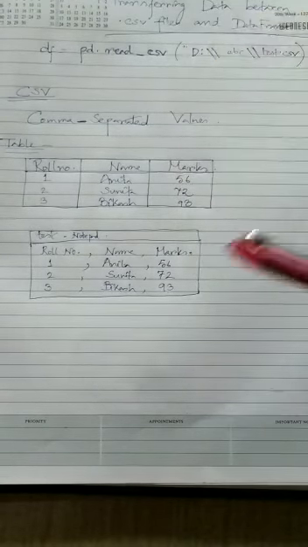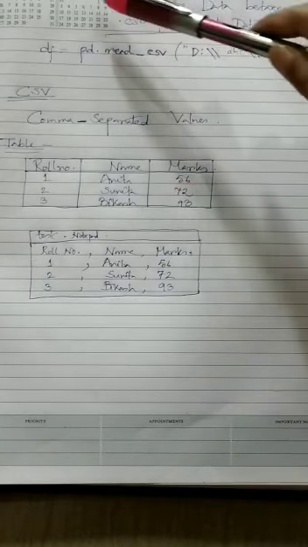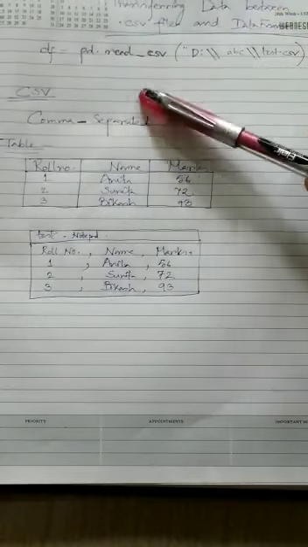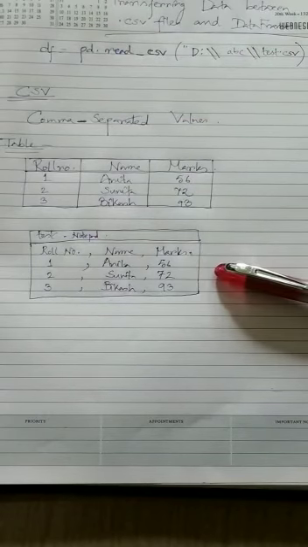I will send you the picture of the pages from the book. Please try this on your machine, and you can change the CSV to your data frame. In my next video we will do the opposite, and some additional things with read_csv also we will learn in our next video.